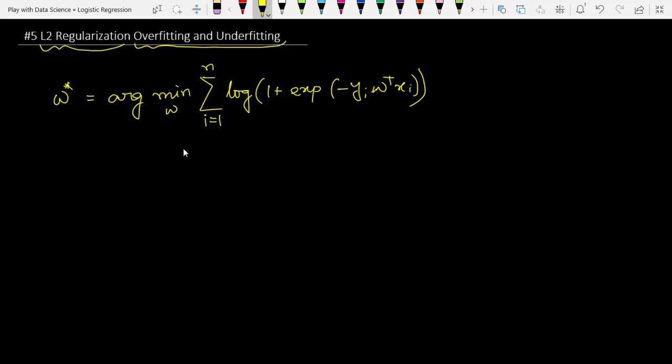Okay, this is our mathematical optimization problem.